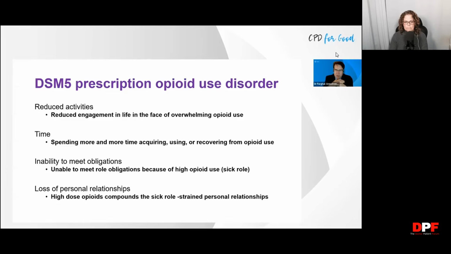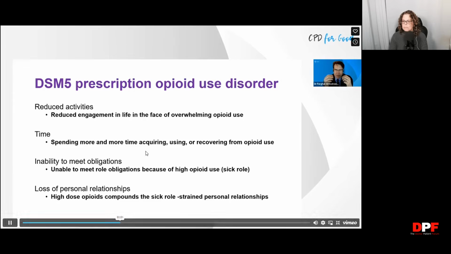So a reduction in activity. So, with substance use disorder, we have a kind of a loss of peripheral activities so that the entire focus is on either acquiring, using, or recovering from the drug. And that reflects the salience that we talked about for the ICD-11 criteria. So again, reduced engagement in life in the face of overwhelming opioid use.